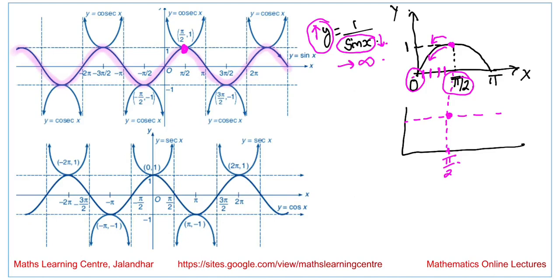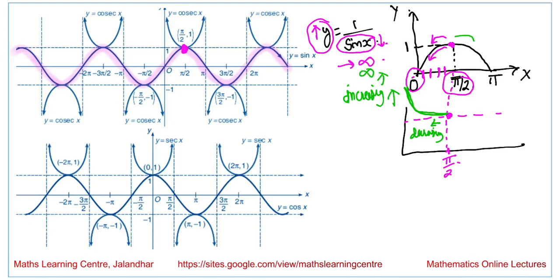So the graph on this side is of this form: as the angle decreases in this direction, the value of the function increases and approaches infinity.